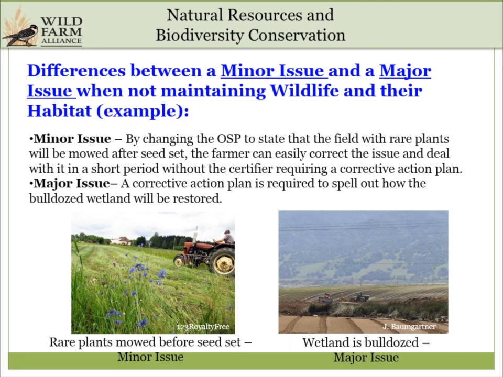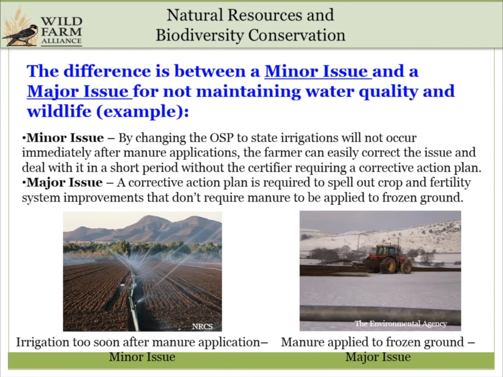It's something that's easily taken care of, and it doesn't require a corrective action plan. Whereas bulldozing a wetland is not allowed, and it would require a corrective action plan to spell out how the bulldozed wetland will be restored, which is complicated.